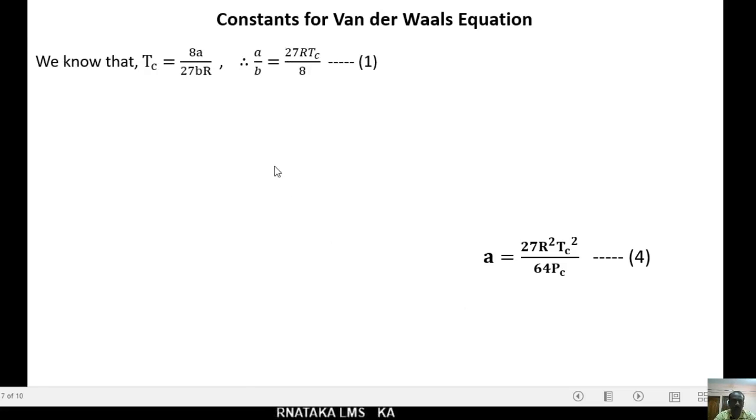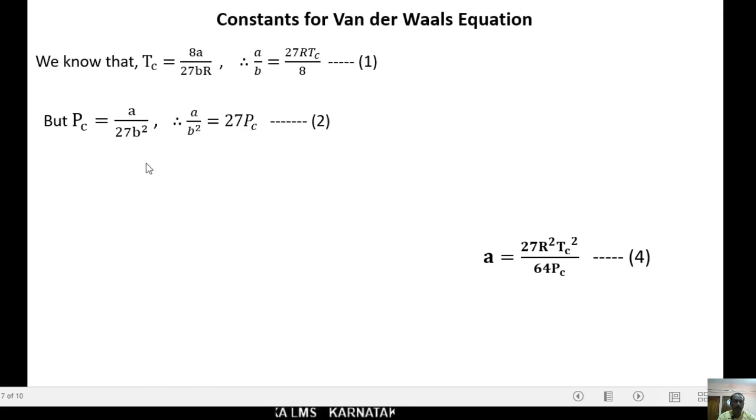We know that the critical temperature, which is already derived, is 8a divided by 27br. Therefore, on further simplification, we get the ratio a divided by b equals 27 RTc by 8. Just cross multiply all the things here, you get this value a by b. Let it be equation 1.